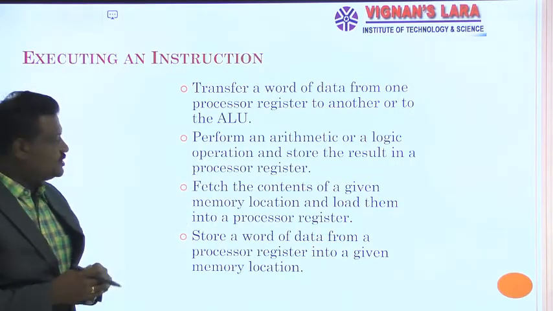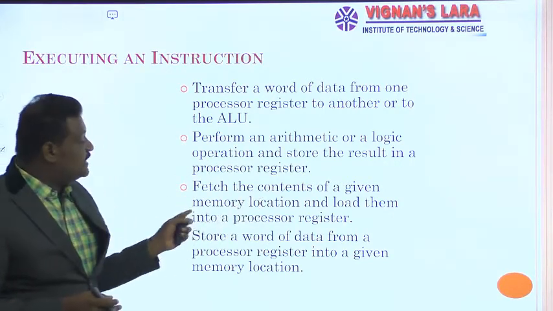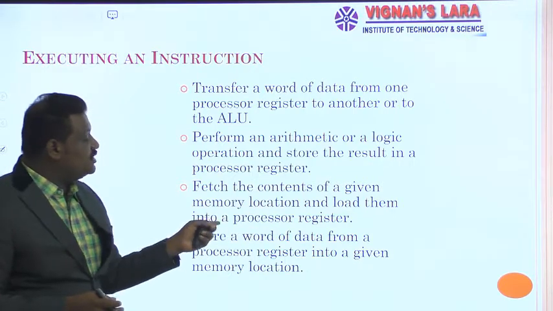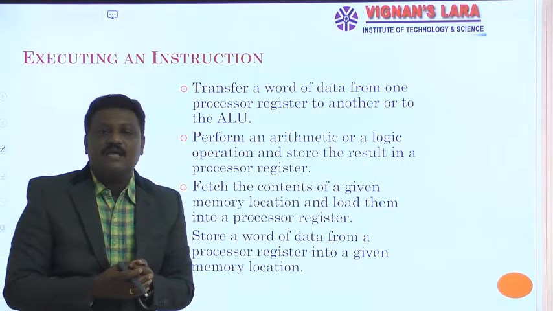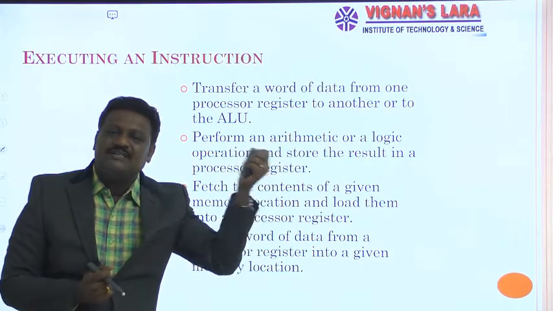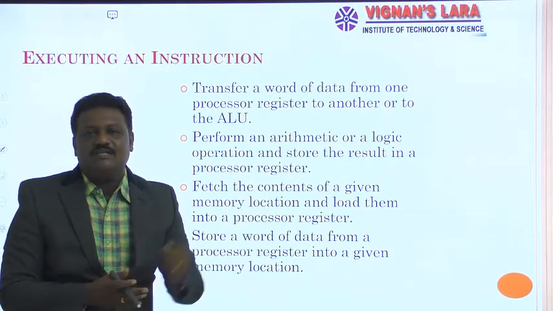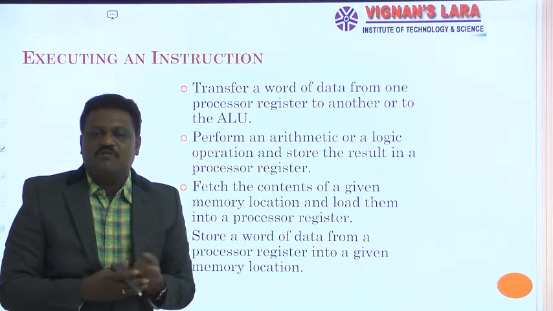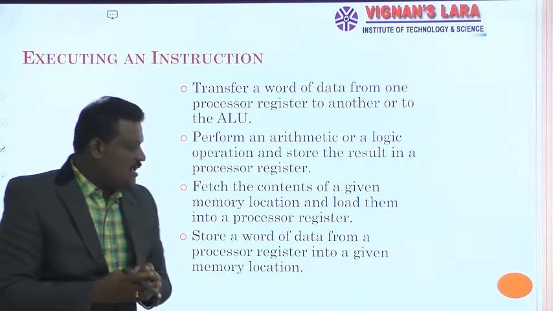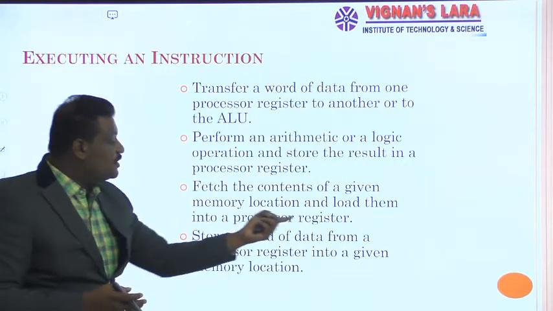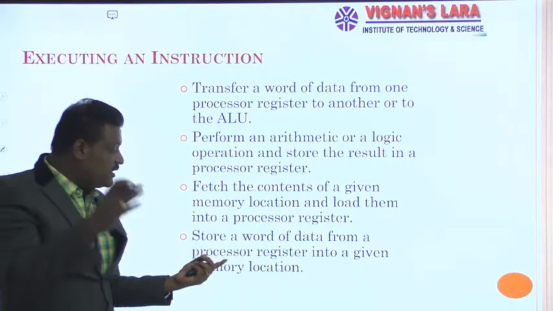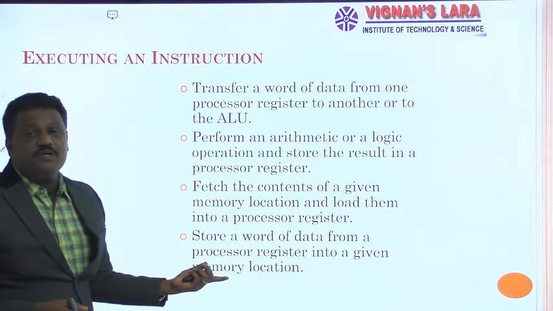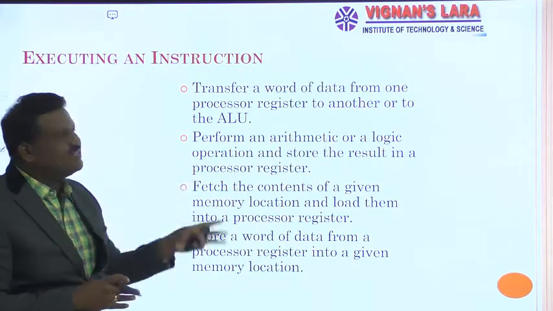And coming to the third possibility, fetch the contents of a given memory location and load them into a processor register. That means I would like to take data from a memory location, and that data is transferred to one of my CPU registers. And one more thing is, store a word of data from a processor register into a given memory location. I would like to give an example for all these things.